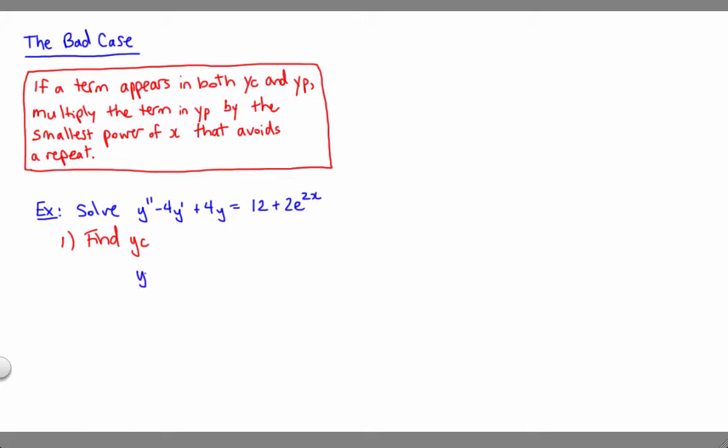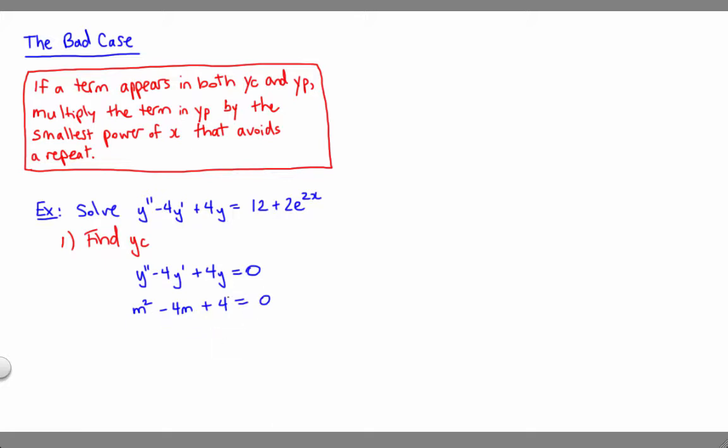To find yc, we are going to set the right side of the DE equal to 0, and we're going to set up the auxiliary equation in the usual way. So the y double prime becomes m squared, and the rest of our equation looks like minus 4m plus 4 equals 0.